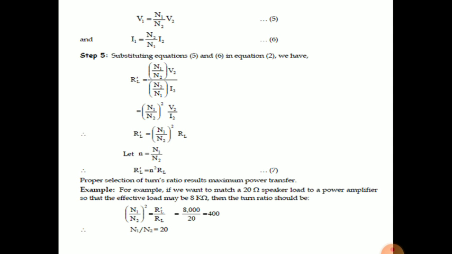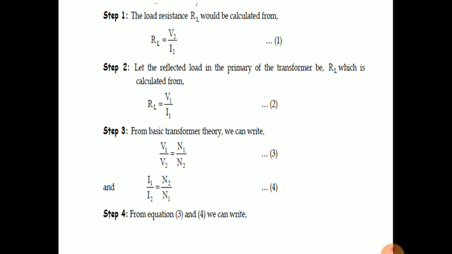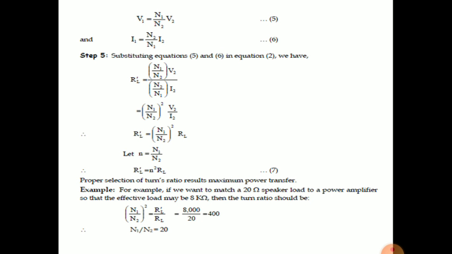Substituting equations 5 and 6 in equation 2, we have RL dash, the reflected load, which is RL dash and not RL, equal to V1/I1. Replacing V1 with (N1/N2) × V2, and I1 with (N2/N1) × I2, by mathematical adjustments we finally get RL dash = (N1/N2)² × V2/I2, where V2/I2 is RL from the basic Ohm's law.